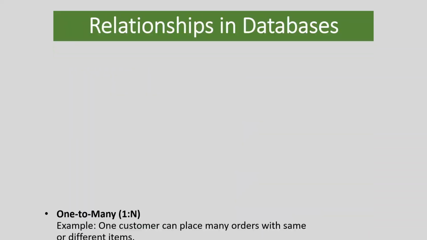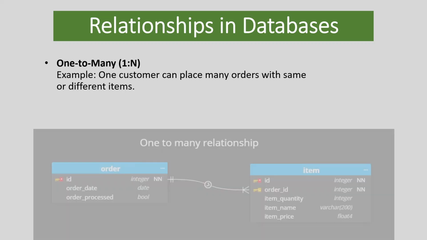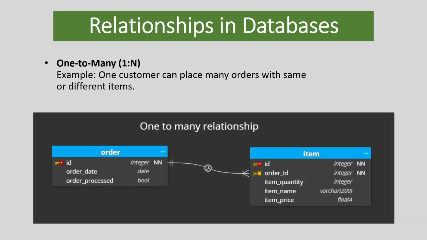And the second one is one-to-many. Most of the time in our databases, we will be using this one-to-many relationship. It basically means that if you look at this example, one customer can place many orders, with the same or different items.